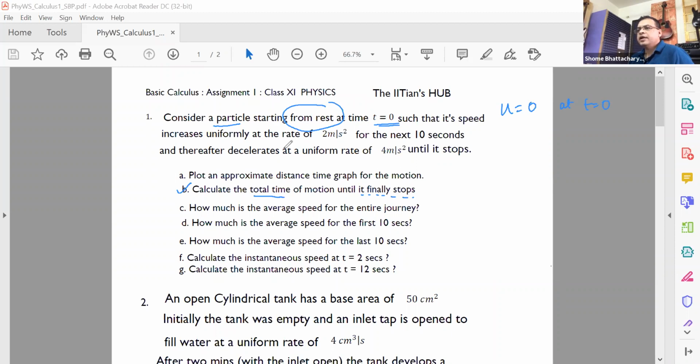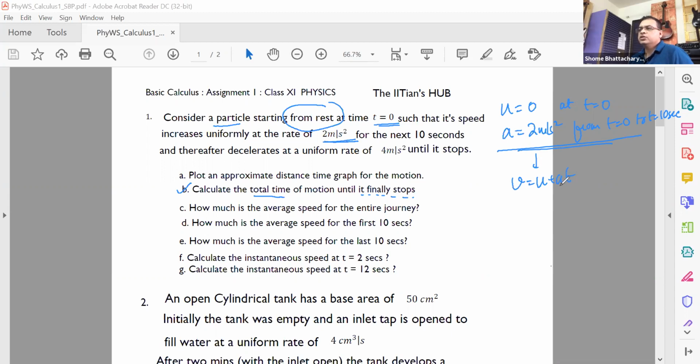Okay. And its speed increases uniformly at the rate of 2 meters per second square. So we can say that its rate of change of velocity, or acceleration, is equal to 2 meters per second square from t equal to 0 to t equal to 10 seconds. So during this time, at least we can write the speed as u plus at.